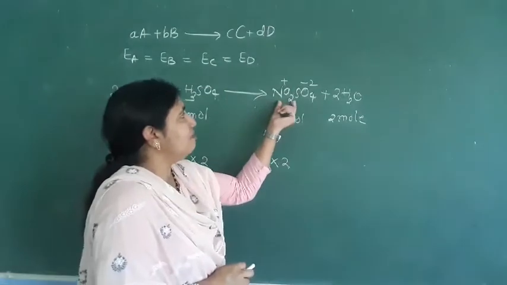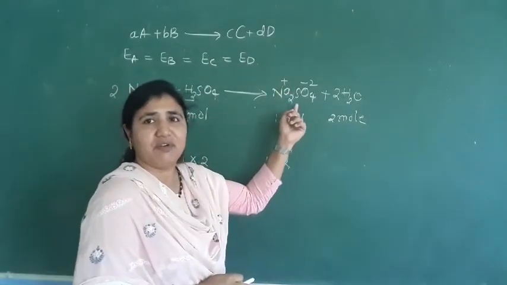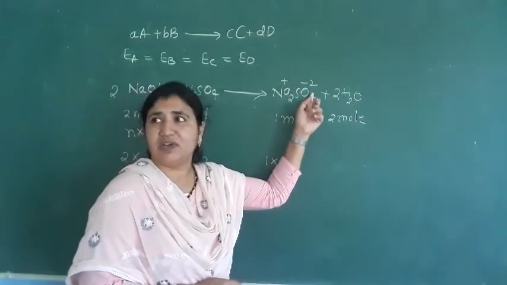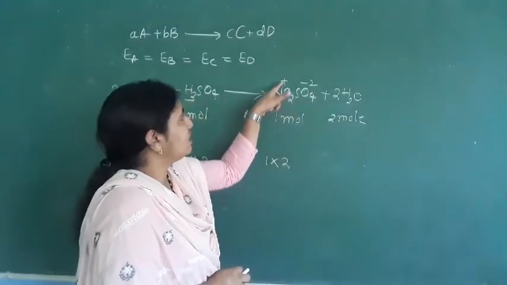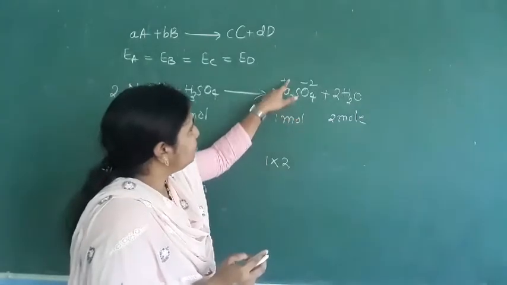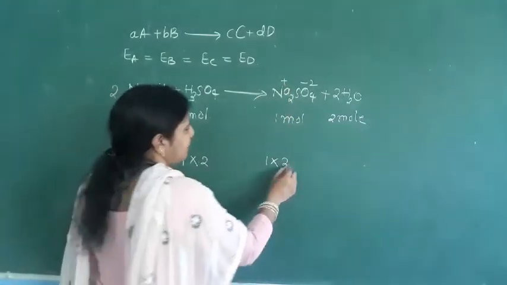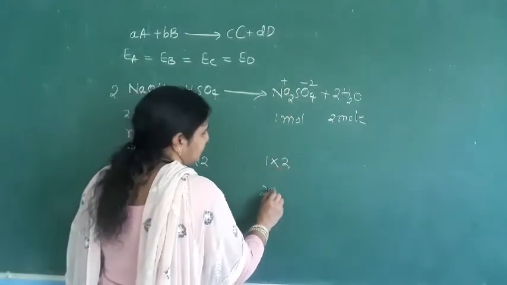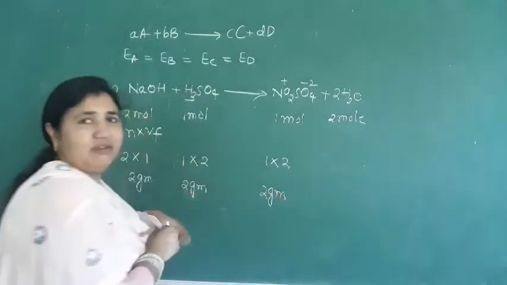For a salt, you have to take either the total positive charge or the total negative charge. Here the total positive charge is plus 1 into 2, which is 2. So that's why it also becomes 2 gram equivalents.